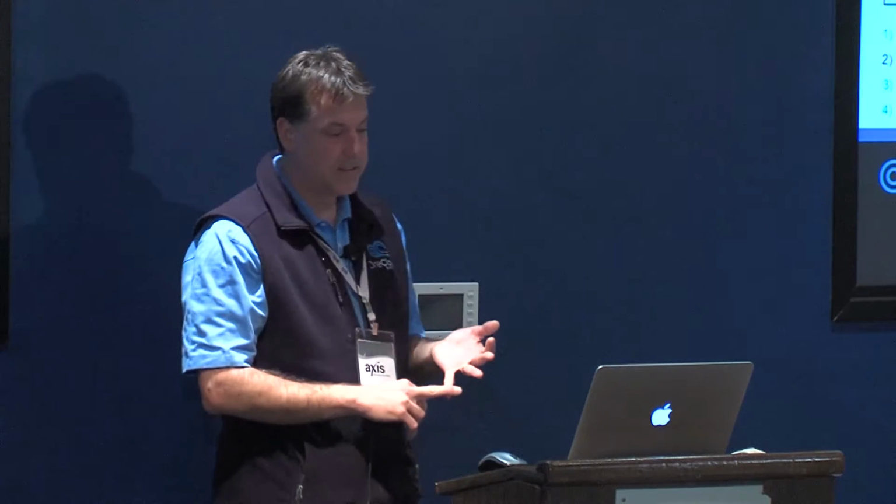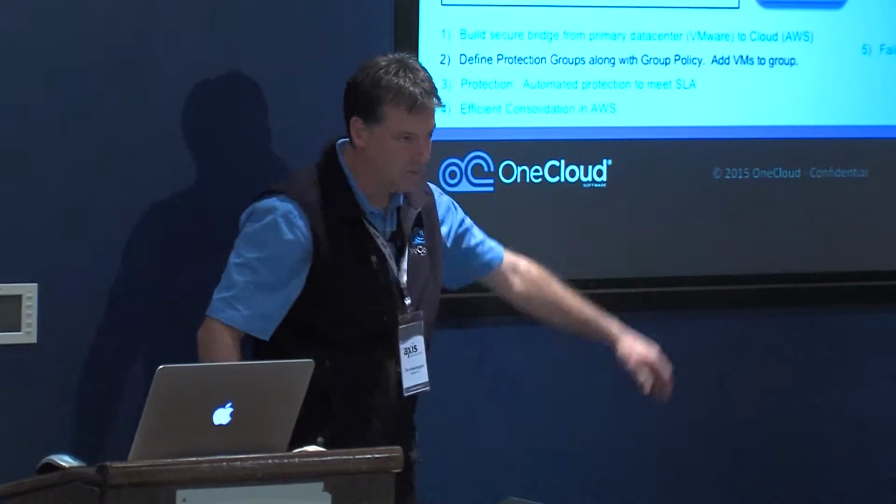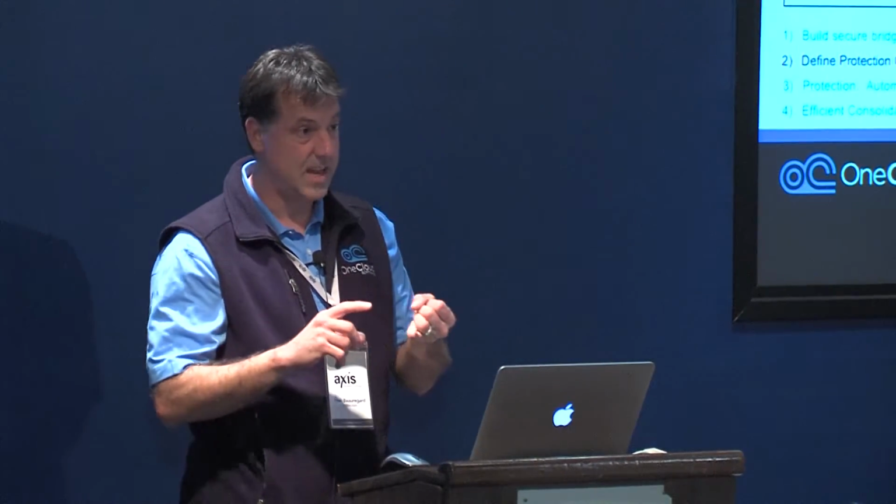So we're keeping track of the deltas, and when you're ready to fail back, assuming you haven't had a true 100% disaster of your primary data center and we still have that compressed version over here, we'll only have to send the deltas back. That's going to save significantly on your time to recovery in your primary data center. But even more importantly, it's going to save you a lot of money because it's free to get the data up, but they charge to pull out. And that's true for any cloud. So this is going to make it much more cost effective.